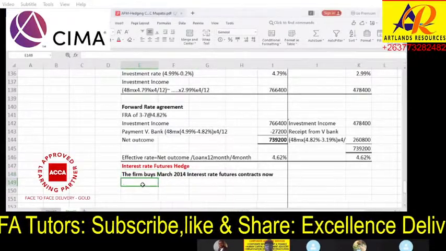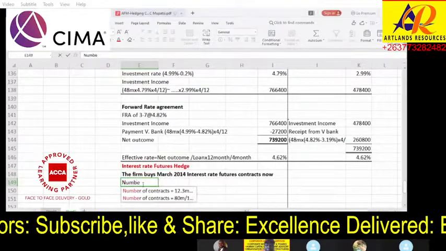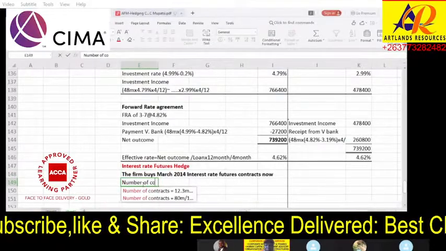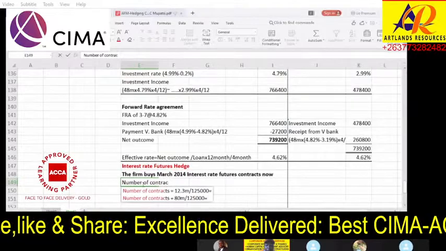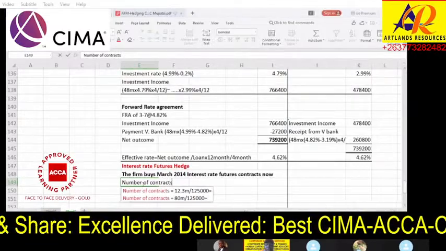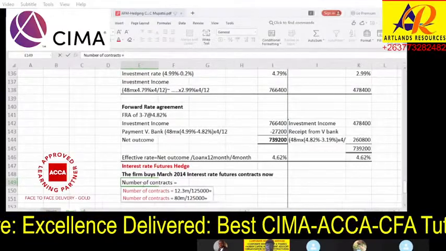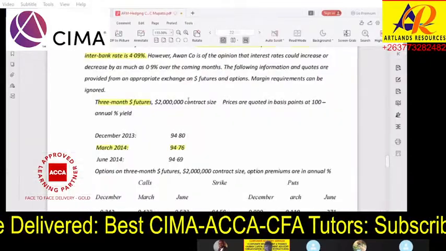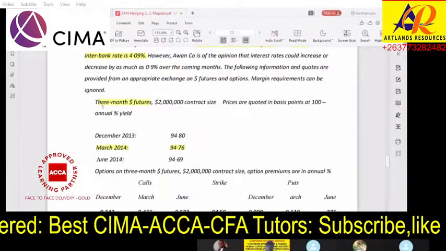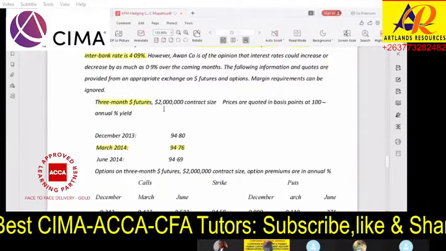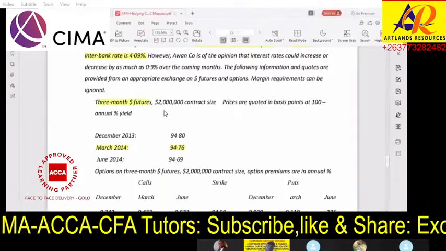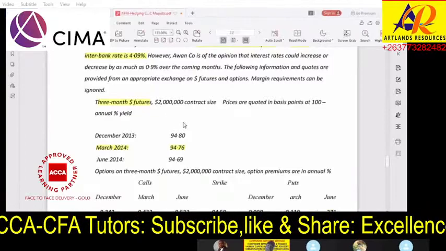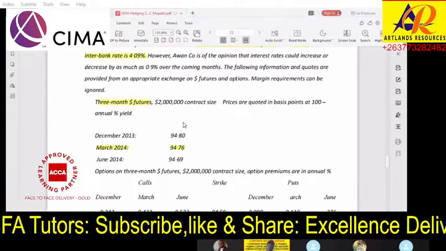So if we buy March interest rate futures contracts now, how do we go about it? We then say number of contracts. Notice now how we calculate number of contracts. When you are calculating number of contracts in a futures hedge, the futures are 3-month futures, yet the loan is for 4 months. Meaning after 3 months, you roll them over.